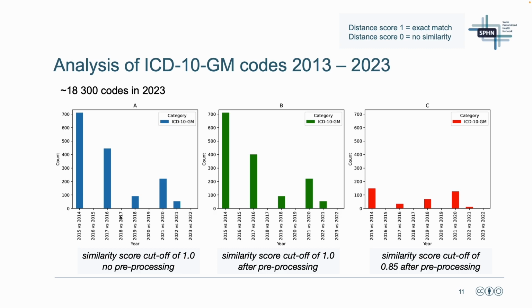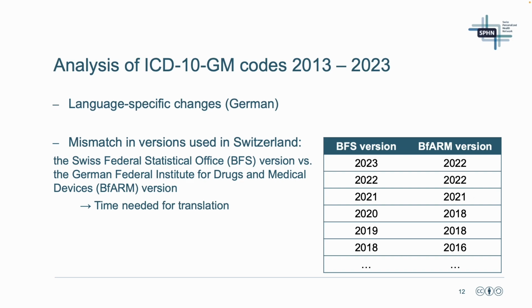The reason will be explained just after. The changes observed here are also related to language-specific changes. ICD-10 GM being in German, the text did change, and it would require knowing the language in addition to the domain knowledge to assess whether the meaning did actually change or not.